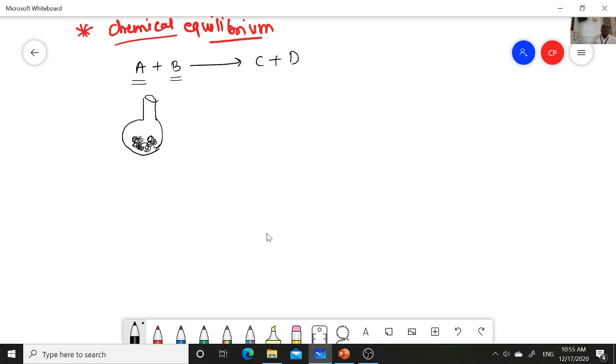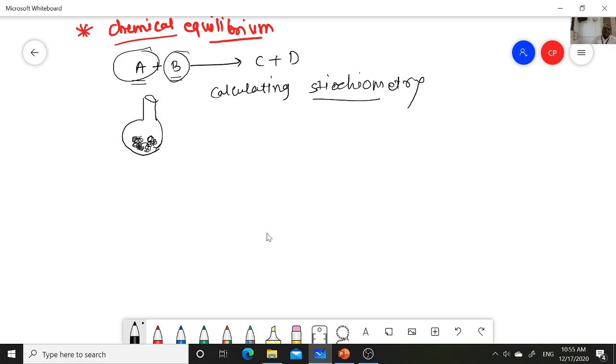When we are calculating the stoichiometry of the reaction, what is stoichiometry? Stoichiometry is how much quantity of A is taken, how much quantity of B is taken, how much quantity of C is formed, and how much quantity of D is formed.